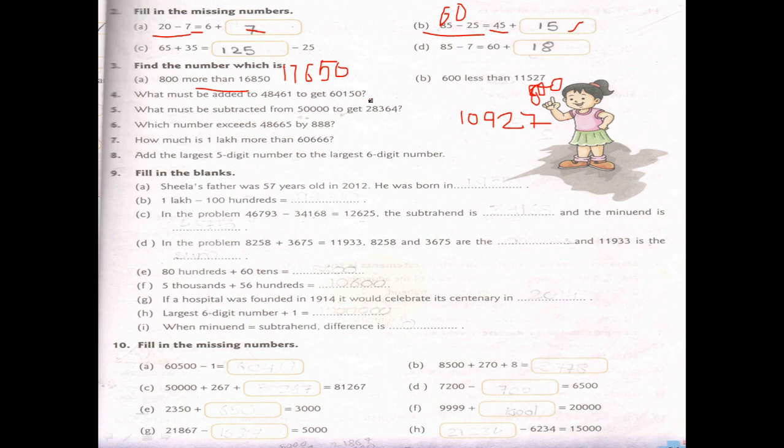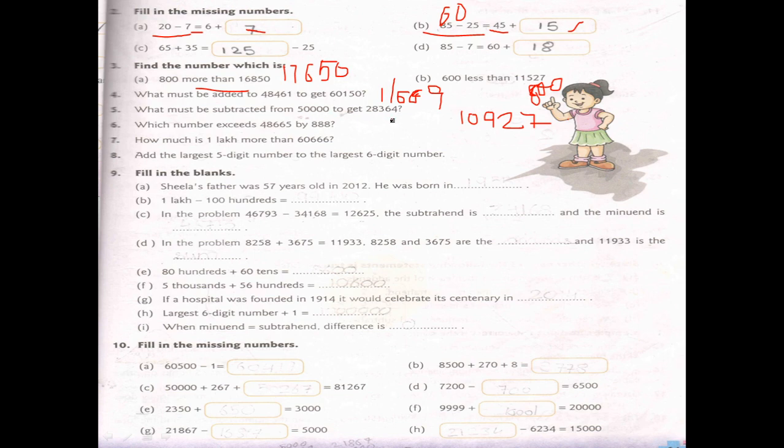What will be your answer when you are subtracting this? Your answer will be 11,689.